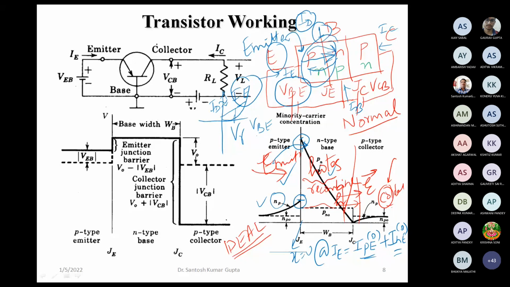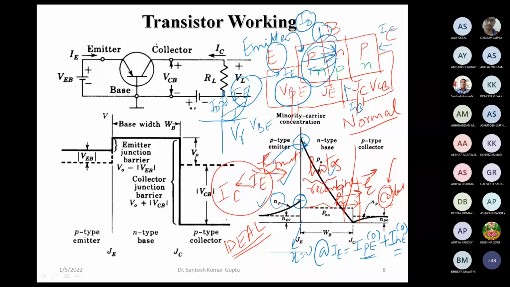There could be no case in which the collector current exceeds the emitter current. So that is one point which must be noted here: the collector current is always less than the emitter current IE.